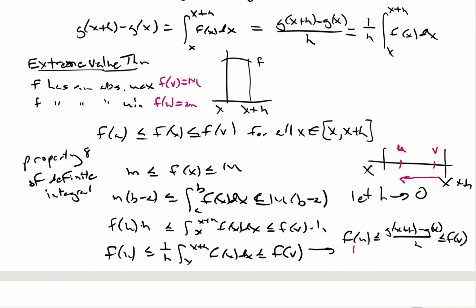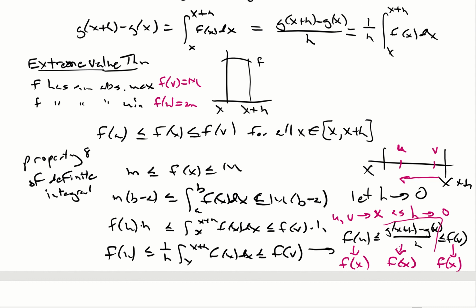And it forces u to go to x, and it forces v to go to x. And as h goes to 0, this turns into f of x, and this goes towards f of x also, because u and v are going to x as h goes to 0. Well, what does that force this guy to do? It forces him also to go to f of x.